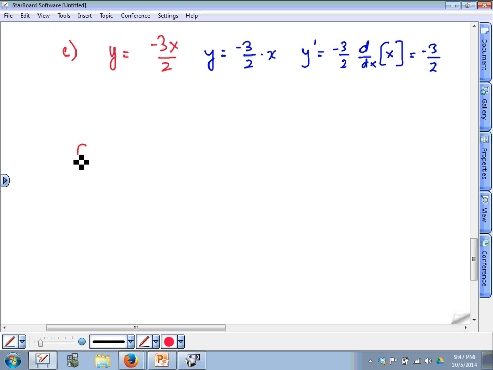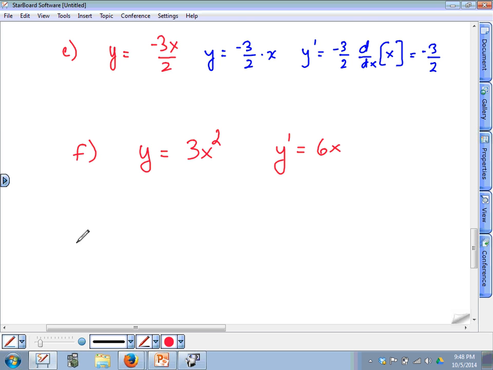Maybe as the last example here, part F, if we're doing y equals 3x squared, the derivative, or y prime, you're going to drop this exponent down in front, and it's going to multiply that constant. So you're going to get a 6 times x. So you really don't necessarily need to write the constant multiple separate from the derivative, because you're going to end up multiplying that constant anyway, and you'll get a lot more practice with this.